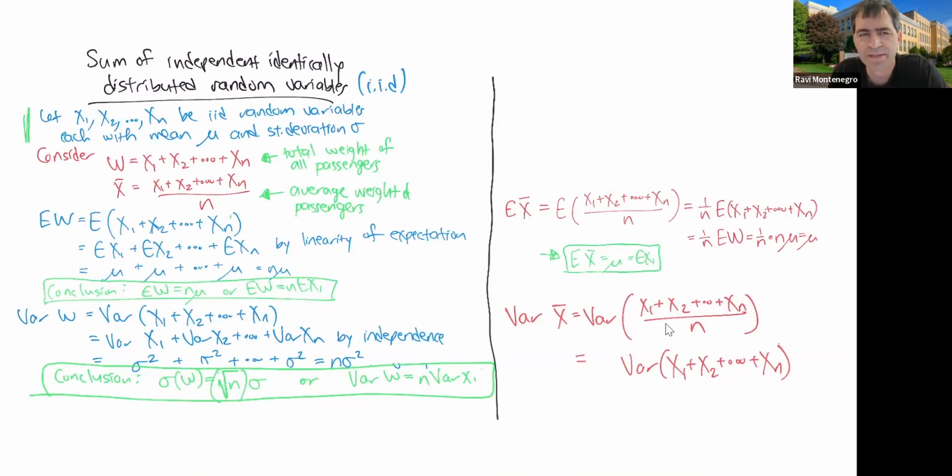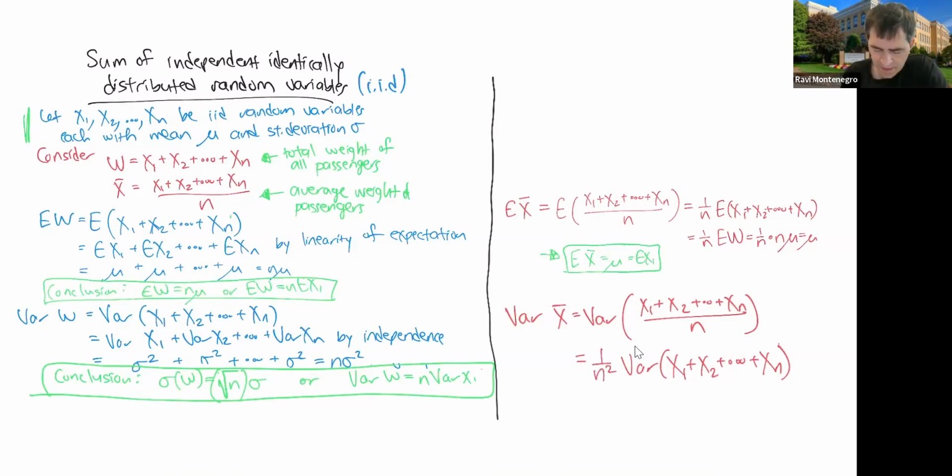So with variance, recall that variance is squaring everything. In fact, the definition was the expected value of x minus mu squared. And so since the variance is squaring everything, that 1 over n gets squared as well.